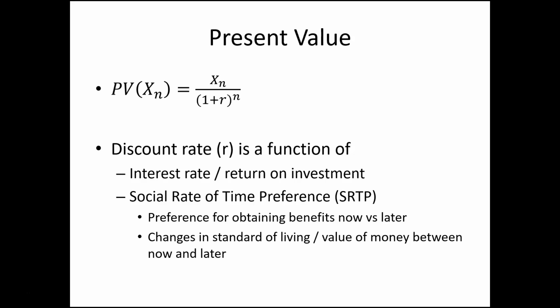So say you're planning to get a $100 benefit 10 years from now: X_N would be 100 and N is 10. X_N is how much money you get N years from now.